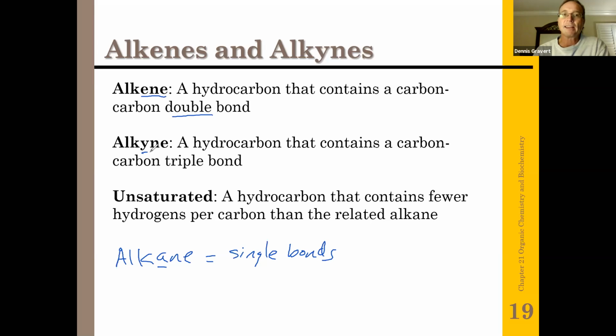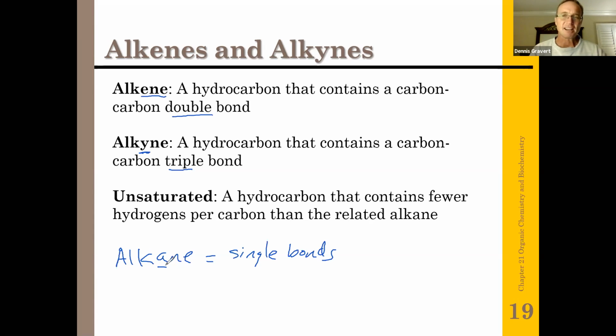An alkyne, yne ending, has to be a hydrocarbon with at least 1 triple bond between carbons. Oh, and once you double up a bond or triple up a bond, you need to take away some hydrogens to make room for the double bond and triple bond. So now that it's not saturated with the maximum number of hydrogens, it's unsaturated.